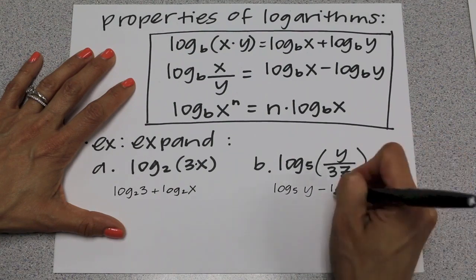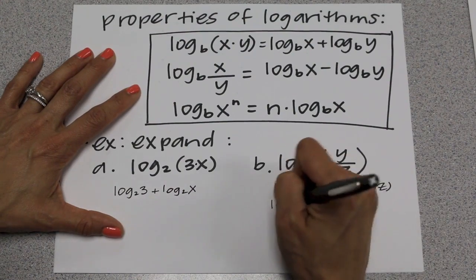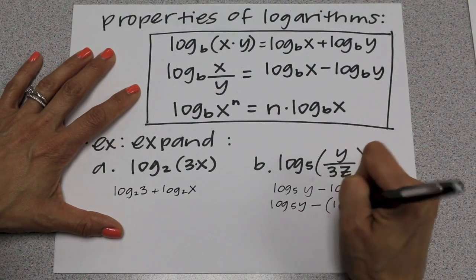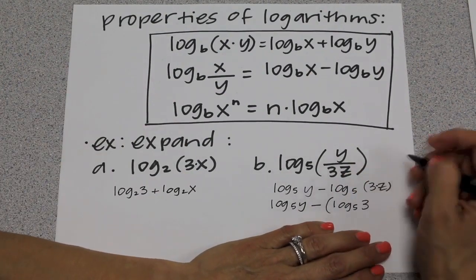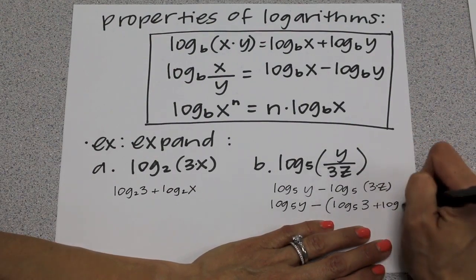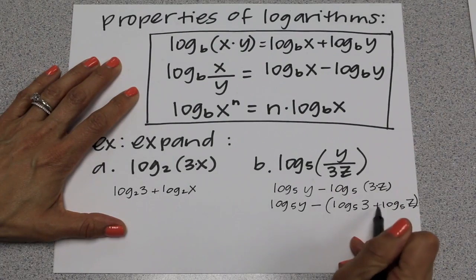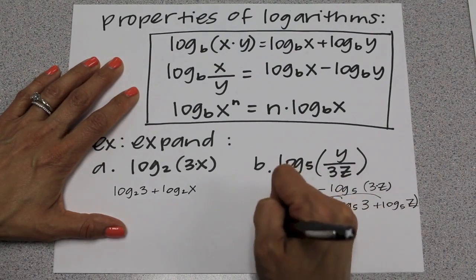So that gets split up, but it's really important that you understand that the negative is in front. So let's drop this down. And again, the negative is in front, so it's log base 5 of 3, and then these get split with log base 5 of z with a plus, but the negative gets distributed to both logs.